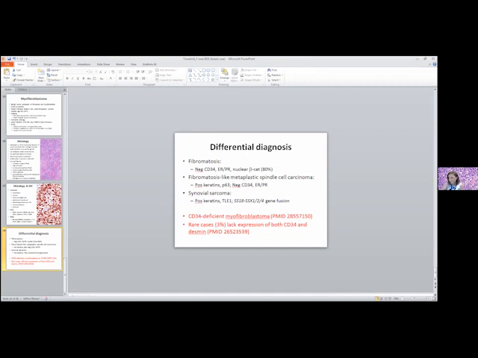Then it was important to do fusion testing also to rule out synovial sarcoma, which can occasionally be ER positive. So a combination of IHC and molecular, and morphology was not incompatible with myofibroblastoma, but it was probably the last item on the list, because it wasn't enough to make a diagnosis. Just morphology is not enough. It's a combination. Perfect. That's an amazing case.